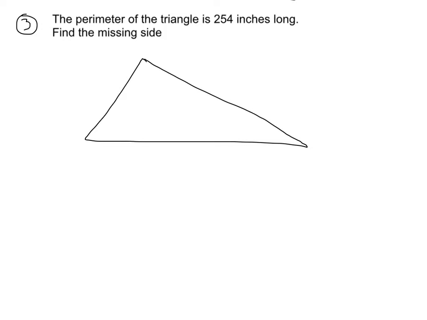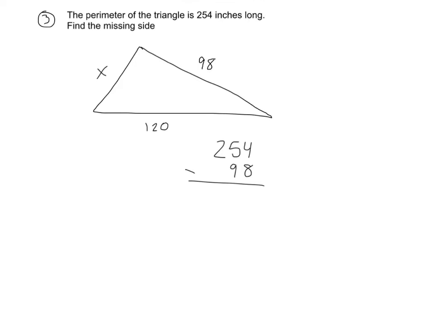Let's work on this one. The perimeter of this triangle here is 254 inches long, and we're going to find the missing side. We know that the whole perimeter is 254 inches. So if I add up all the sides, it should get me to 254. But we're missing one, so if I take 254 and subtract 98, and then subtract 120, I should get the missing side.